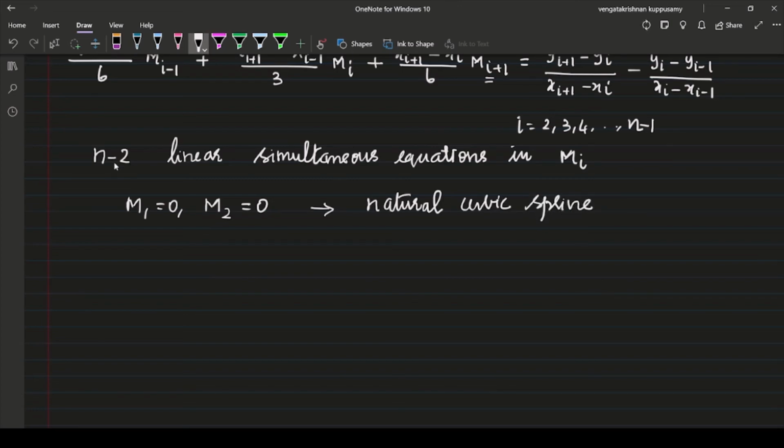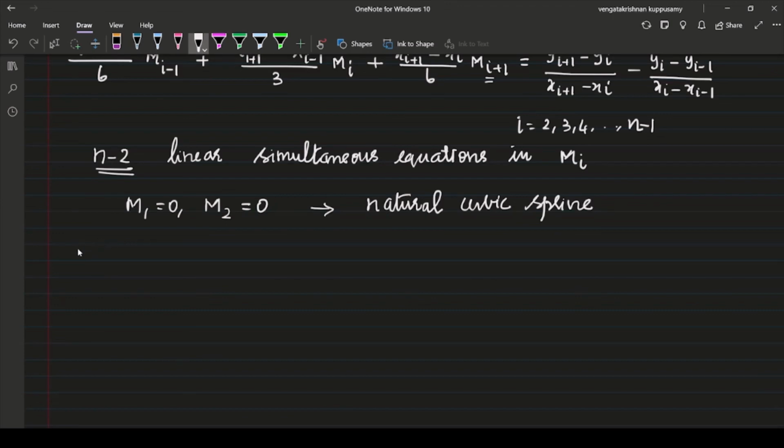So along with these n minus 2 simultaneous equations, on taking m_1 equal to 0 and m_n equal to 0 as two other equations and solving these n equations in m_i, the resulting cubic spline we call natural cubic spline.